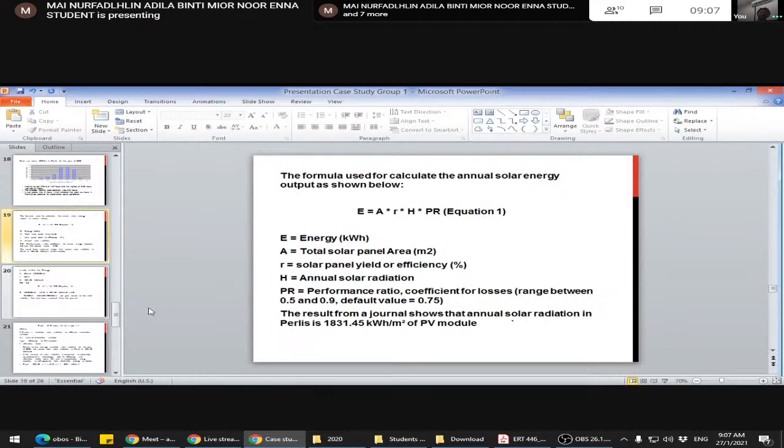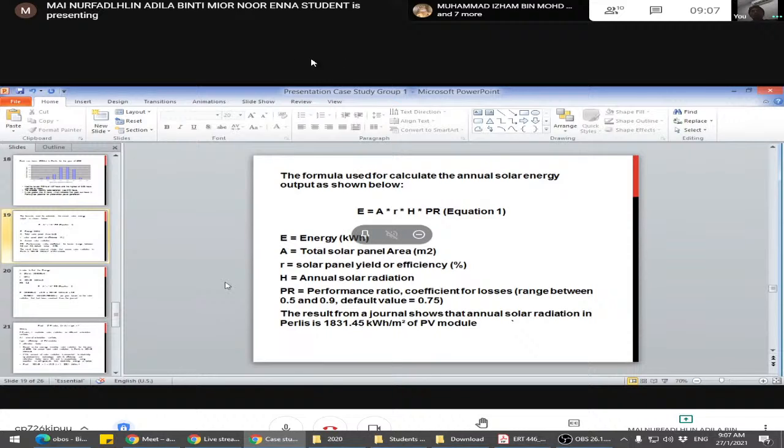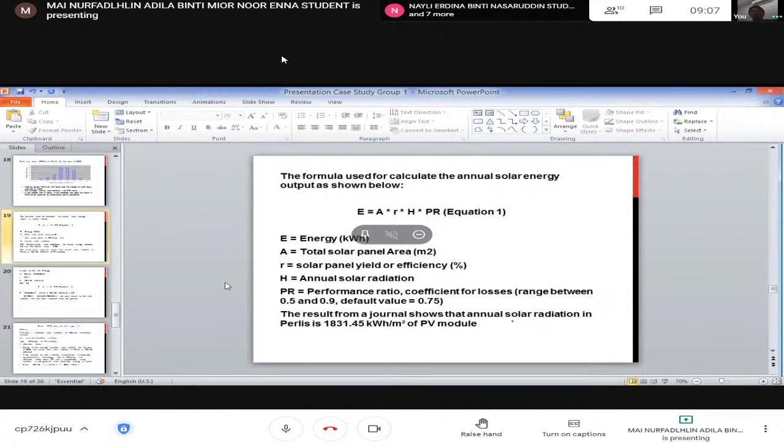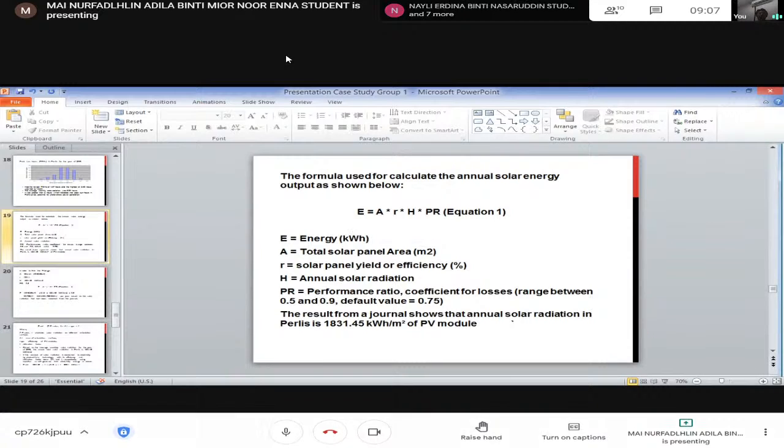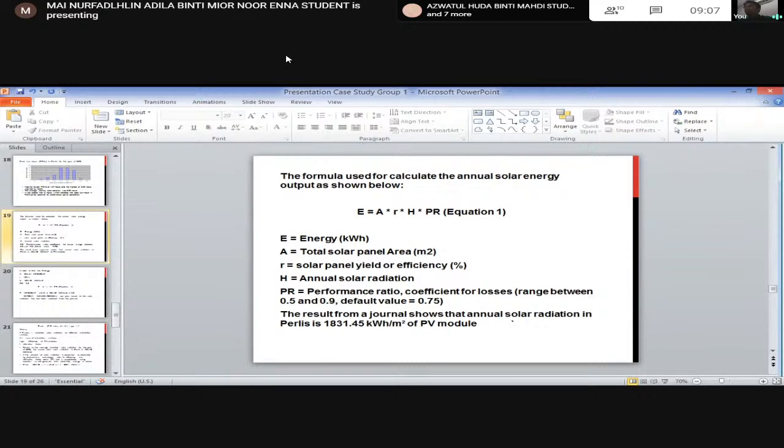The power of the solar panel, using kilowatt hour. Can you explain? Can you give me an example of efficiency for a solar panel, so that I can understand your understanding of efficiency?